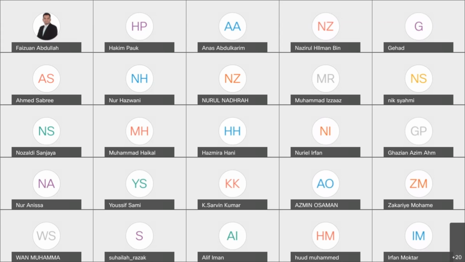Irfan, are you here? Yes, I'm here. Okay. Now we have 7 groups with 7 people, right? 7 persons per group. Okay. Can we reshuffle the group now? We have to only have 5 persons in a group.